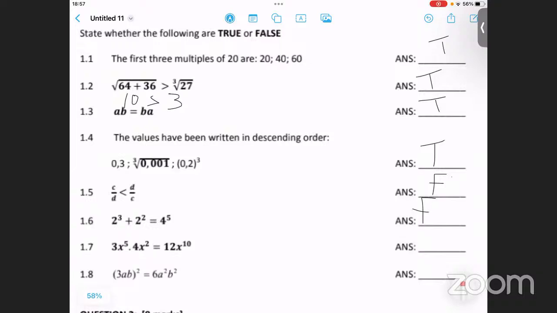Okay, cool. That means this is false, because we have 8 plus 4, which is 12, and 4 to the power of 5. What is 4 to the power of 5? Let's see. It's 1024, so it's very much wrong.